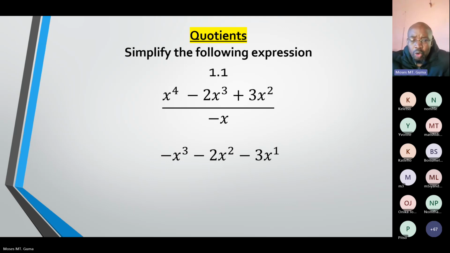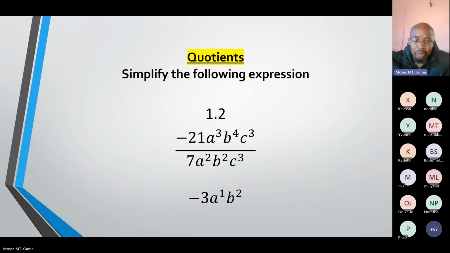Now, I want to talk about the difference between this expression and the one that we are going to do. In this expression, you can see in your numerator there, you have the mathematical operation, subtraction, and addition. You are dividing this trinomial with a monomial minus x. Now, look at the next example that we are going to do.